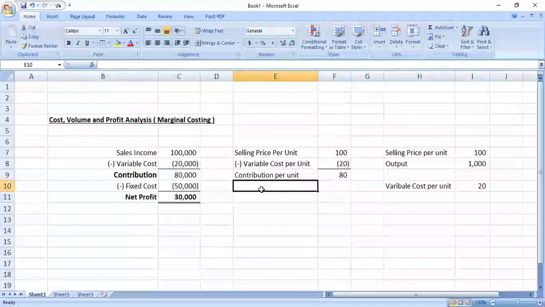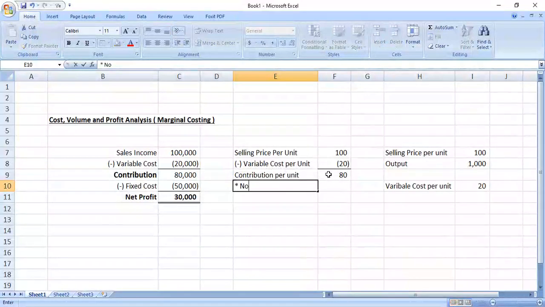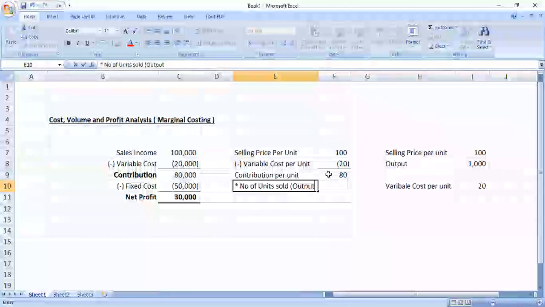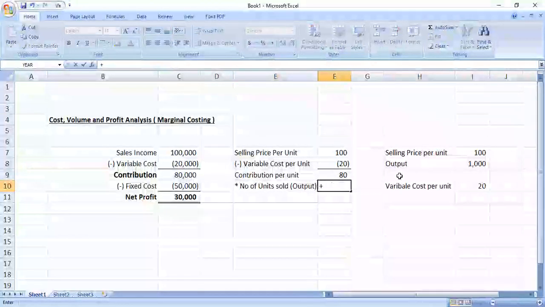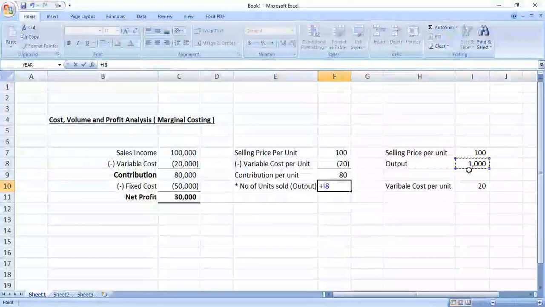Now you have the contribution for 1 unit, and you know the number of units sold, or the output. Number of units sold, or you can say output, is how much? 100,000, right?